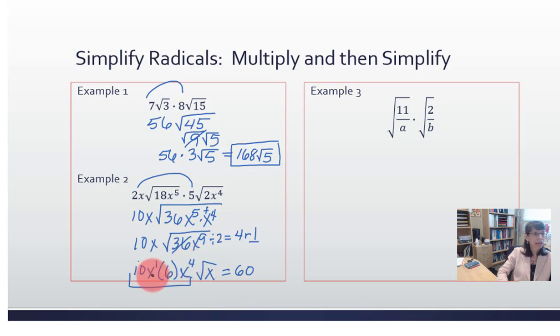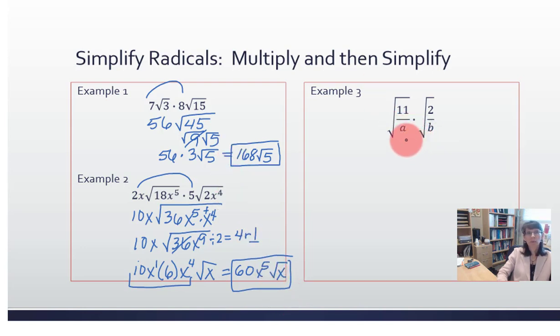So that's really x times x to the 4th, or x to the power of 5. Under the radical, we still have our base of x. So our final answer is 60x to the 5th multiplied by the square root of x.